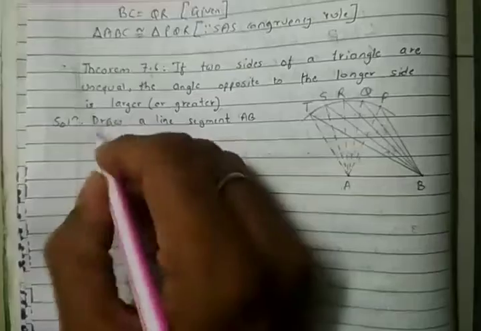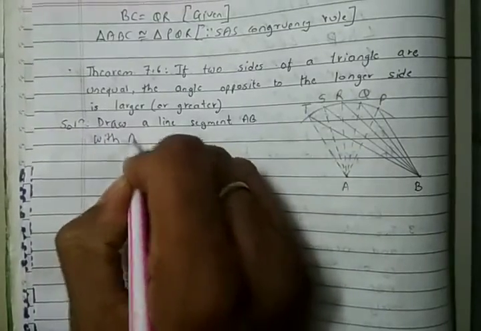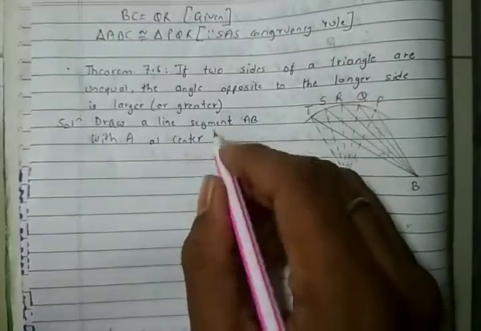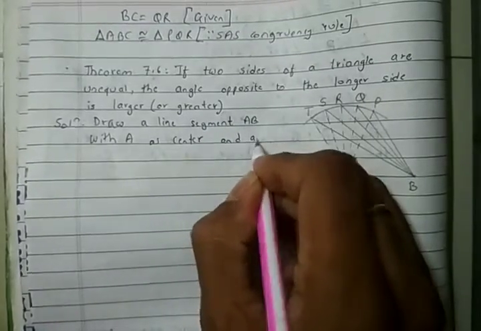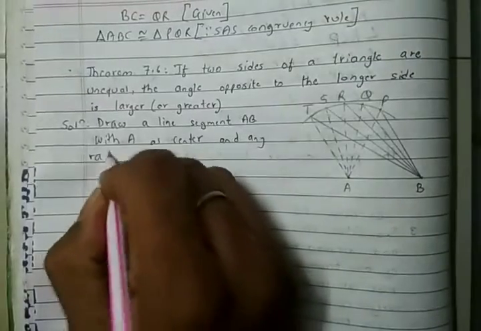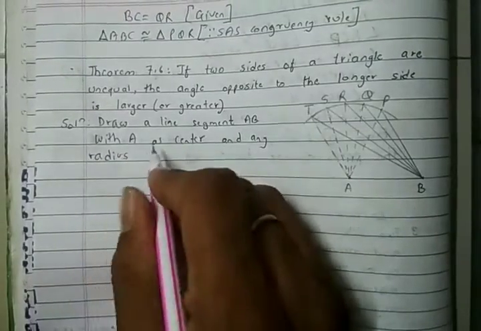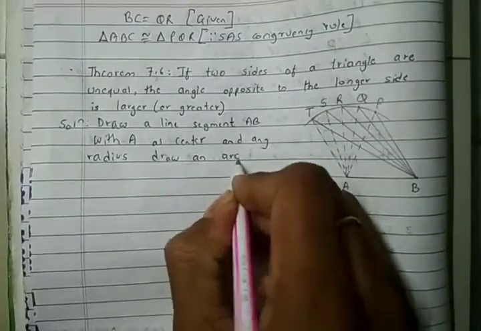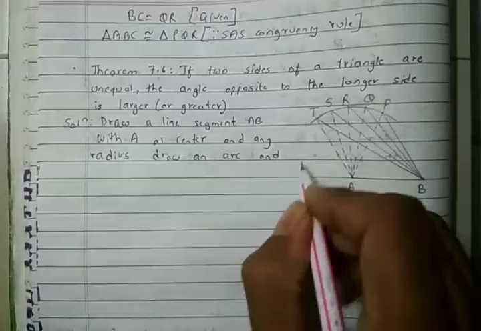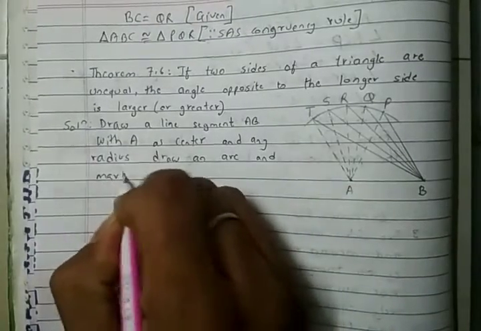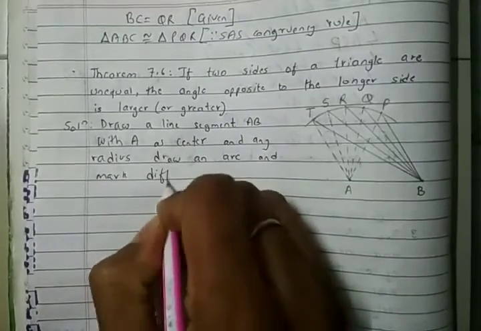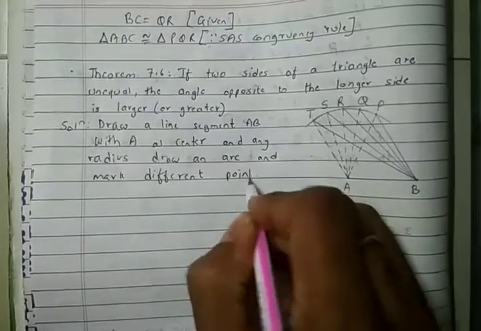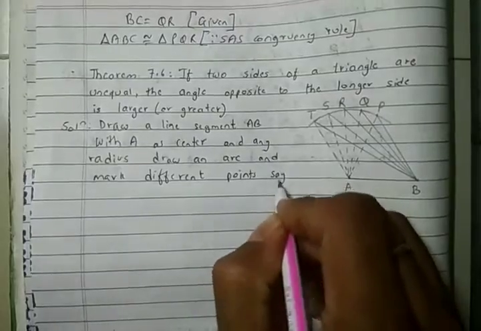Now with A as center and any radius, draw an arc and mark different points on it.